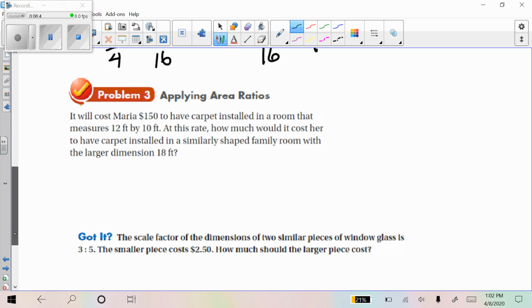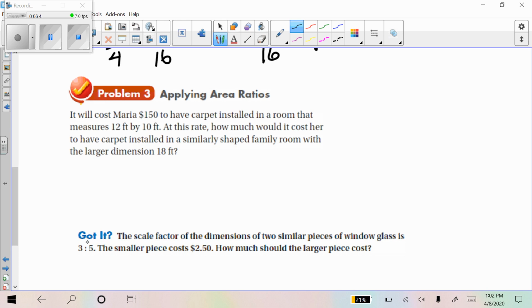All right, so since carpet is installed in a room according to the area of the room, we have to use the area ratios to figure that out. So if the carpet is installed in a room that's 12 by 15, how much would it cost to install it in a similarly shaped family room with a larger dimension of 18?